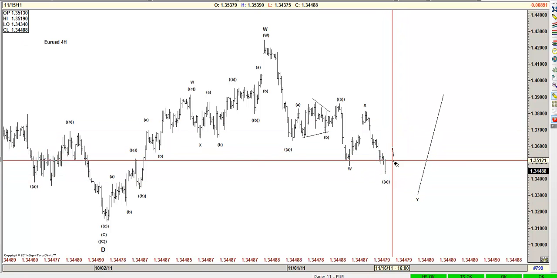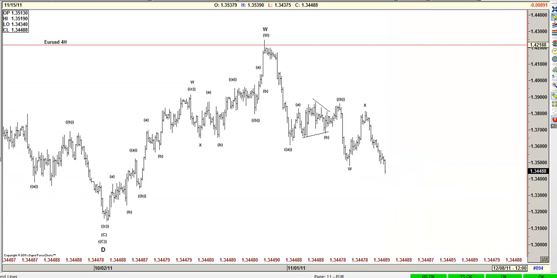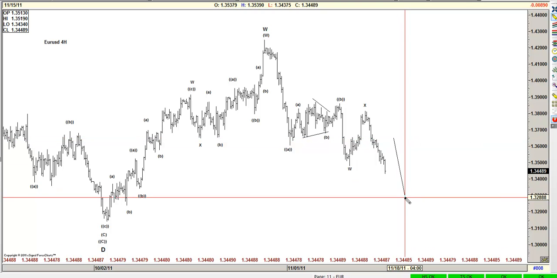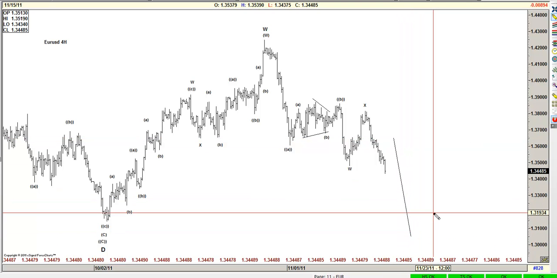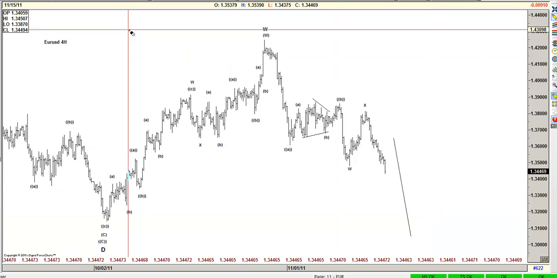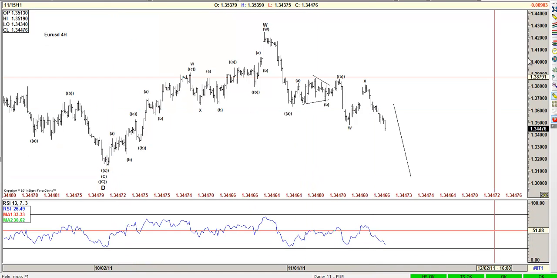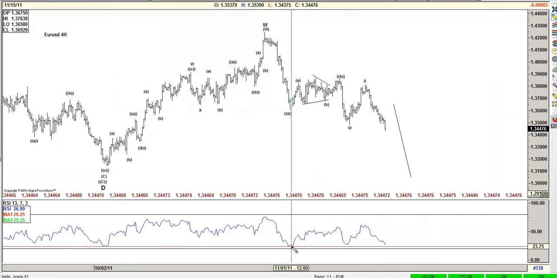But what we like is that either the dollar, if it's going to break lower, so be it. I don't see it happening. Like I said, if you take a look at the RSI, look, that's bullish divergence.